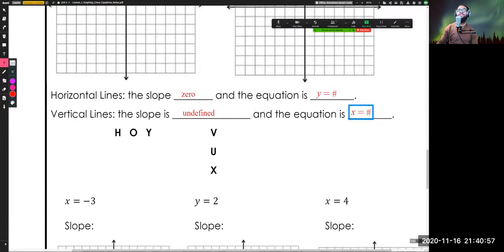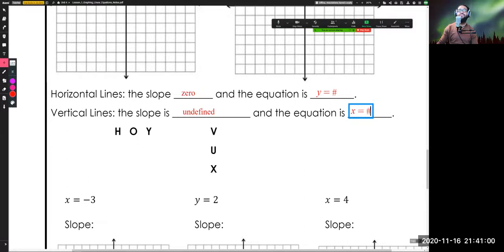All right, and here's a little trick that I've seen. HOY. H stands for horizontal.